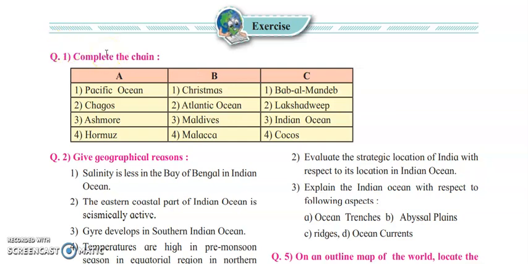Here we have three columns, that is A, B and C. We have to see the similarity and connection between all these three columns. The first is Pacific Ocean. Pacific Ocean and Atlantic Ocean as well as Indian Ocean, all are types of oceans. Next, we have Chagos.